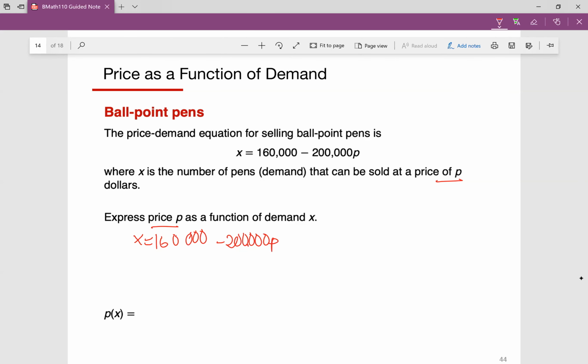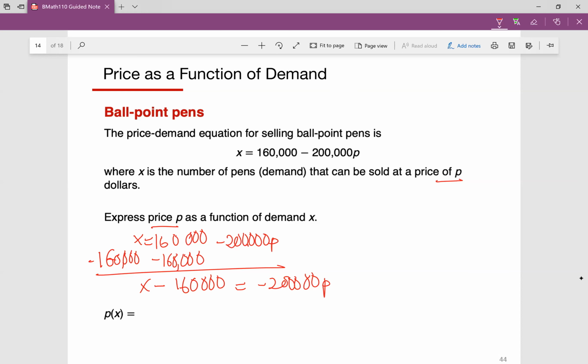In order to solve for P, I have to subtract 160,000 from both sides. And now I will have x minus 160,000 on the left side, and that's going to be equal to negative 200,000 P. So now I need to divide by negative 200,000 on both sides.